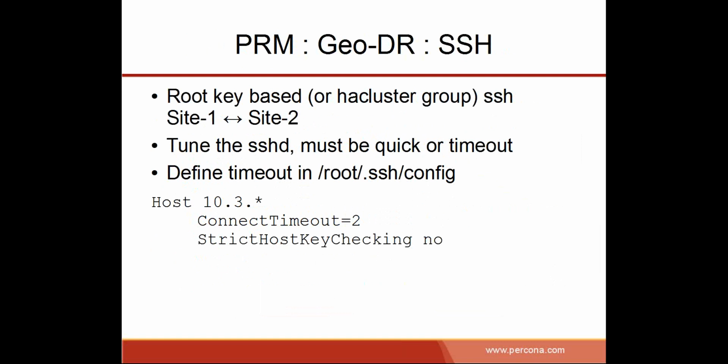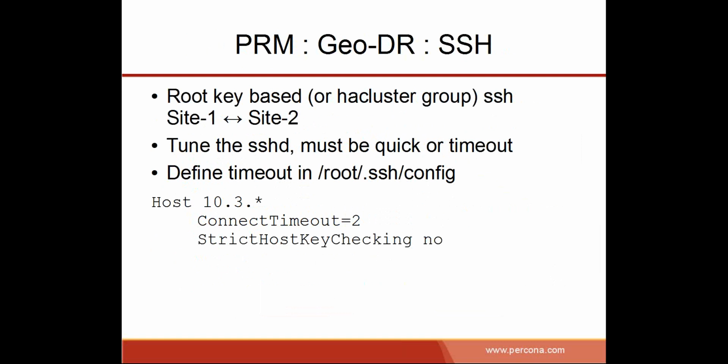So make sure that when you SSH on a day where the network has no problem, it is quick. If it always takes many seconds, that will lead to problems. Also, define a timeout. I already told you that Pacemaker reacts to timeouts, so it's much better that SSH times out and the agent is able to trap this and react in a sane way than to have the agent time out, where Pacemaker will go crazy.